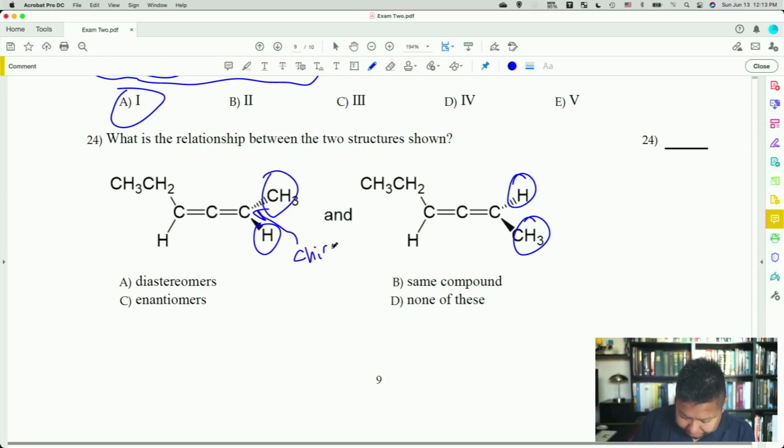They're definitely chiral. That's the first thing to say. And the second thing is that they have dash and wedge bonds that are opposite each other, of the constituents, and so that makes them mirror images. That makes them non-superimposable mirror images, and they're enantiomers.